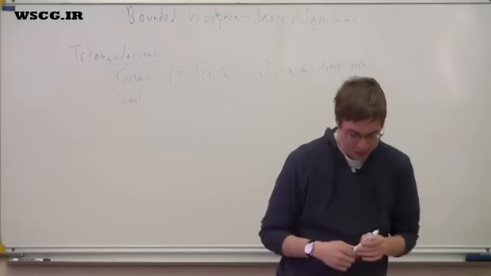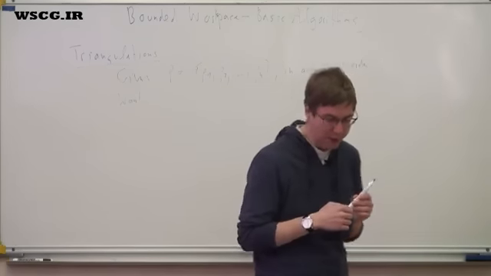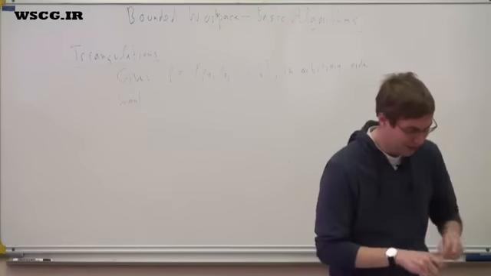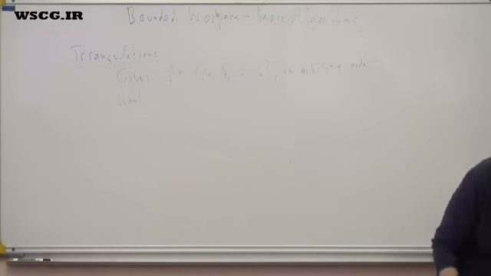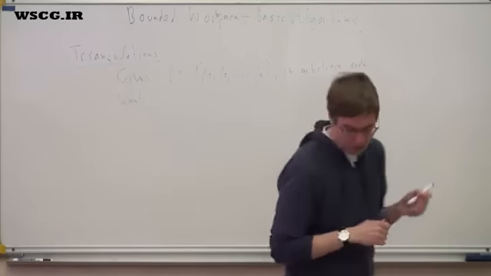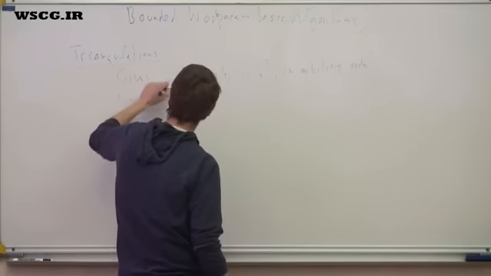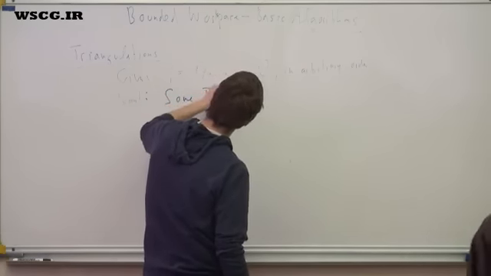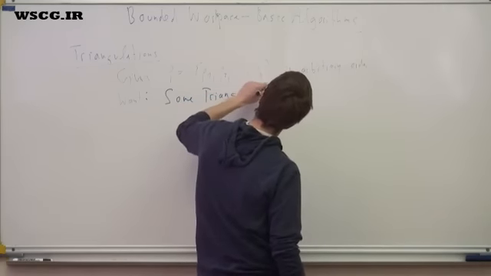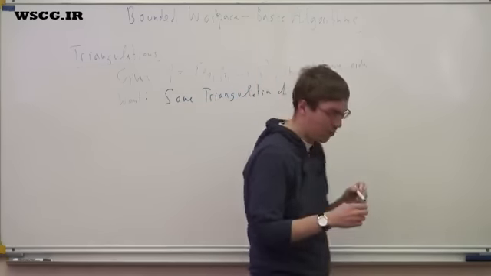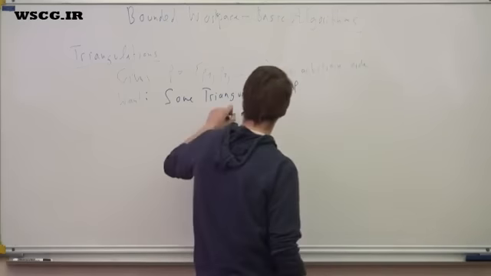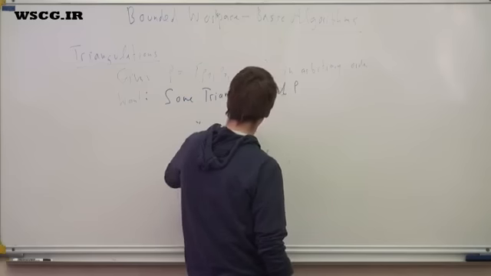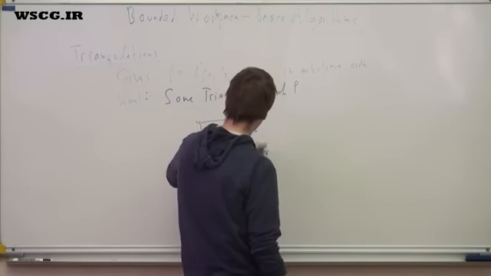But first let's do the simpler problem where we just want some triangulation of P. Everybody knows what a triangulation is, yes? So here's some point set, and here's a triangulation of this point set.